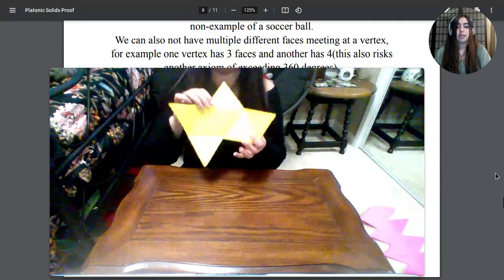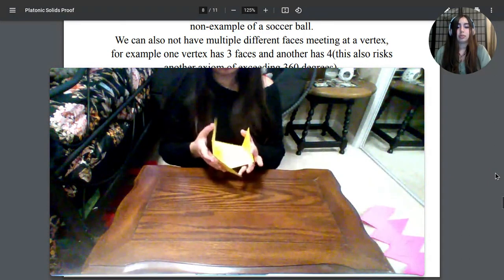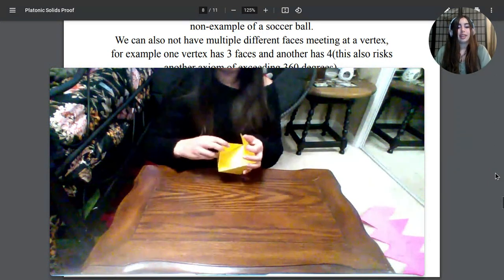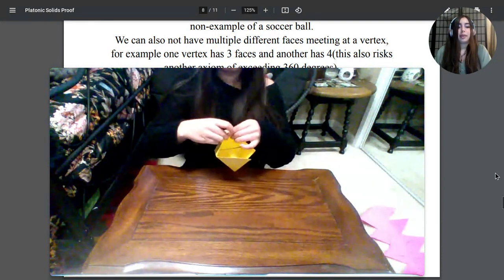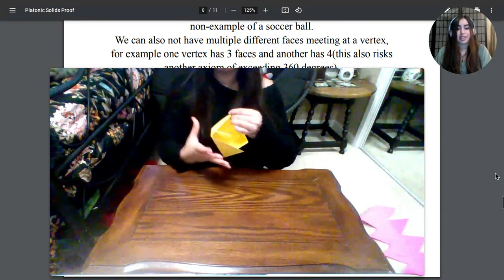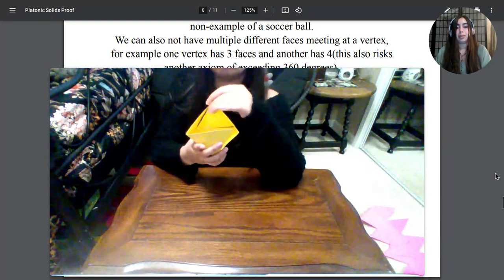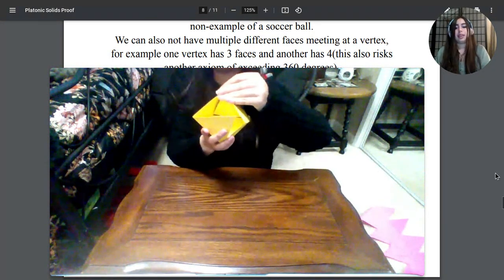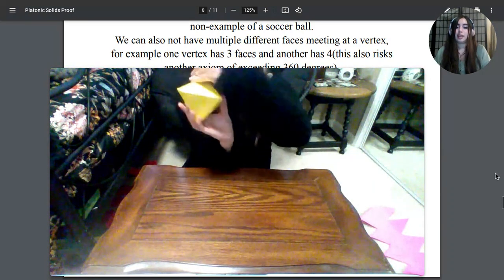So this has 7, and when we fold this one, you'll actually start to notice that we're starting to get closer to our next Platonic solid, which is the octahedron. You can see there's a little space for another triangle right there, which is why it will eventually become the octahedron.